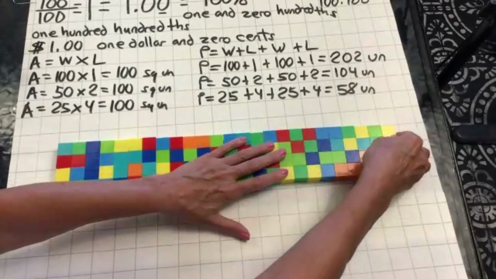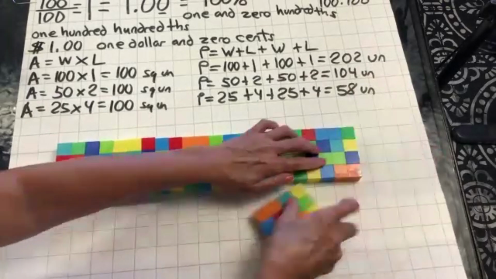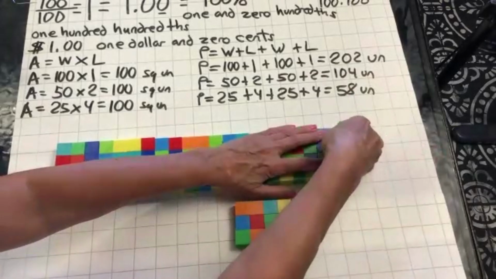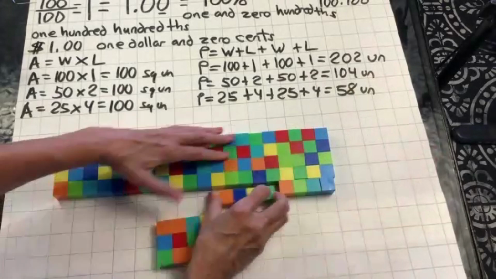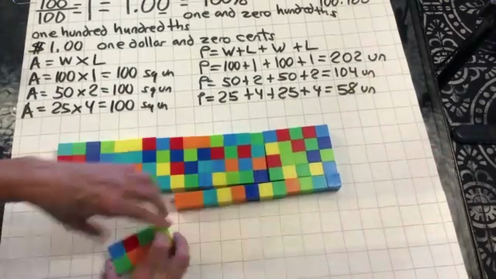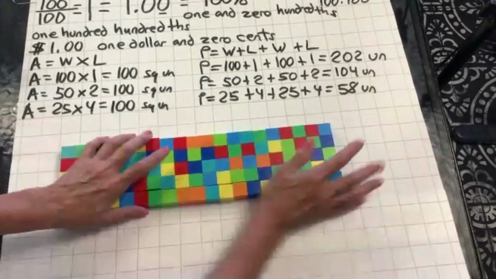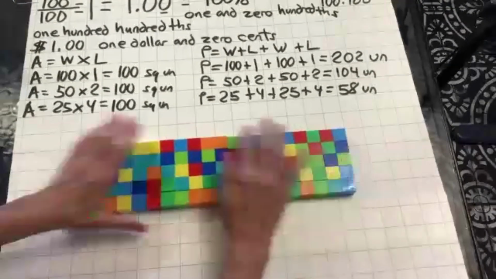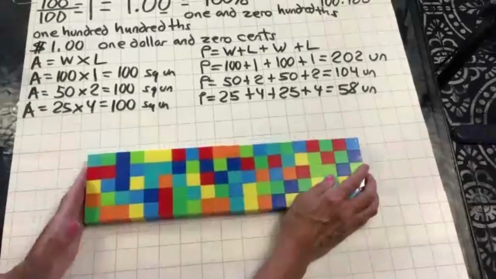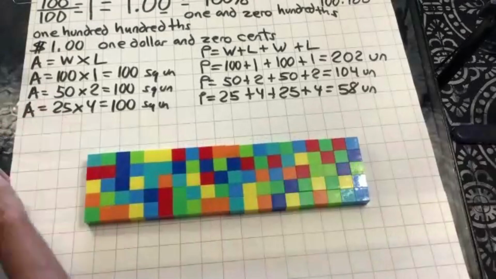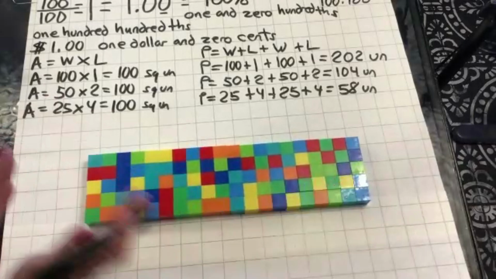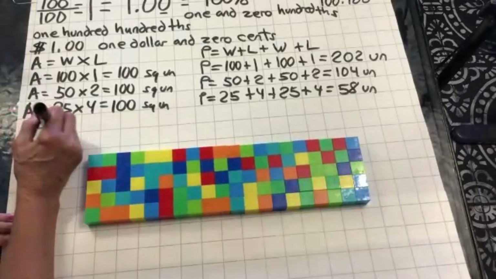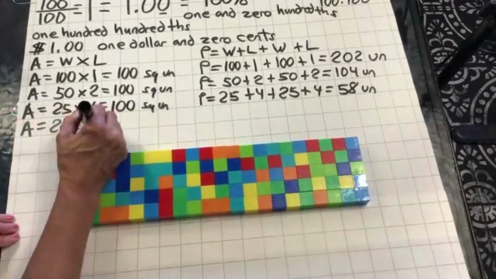All right, we're going to go to 5. So I'm going to take some of these out to make my 5. So here we go. Now, try to keep it all in line here. See how as we go to smaller numbers, we start making it more rectangular. It gets shorter. So the next one would be a 20 by 5.